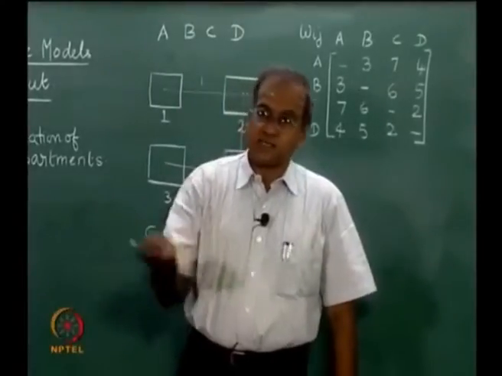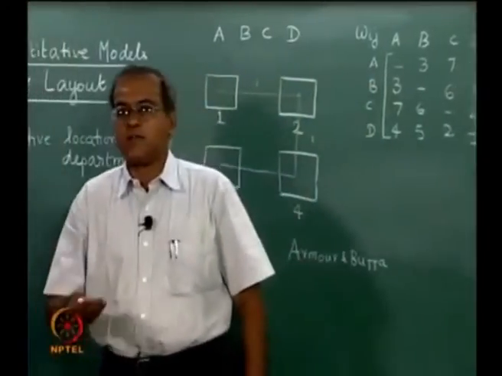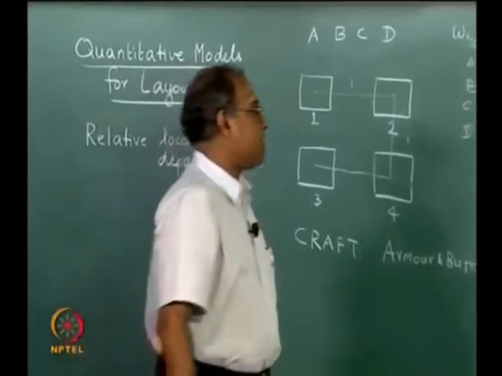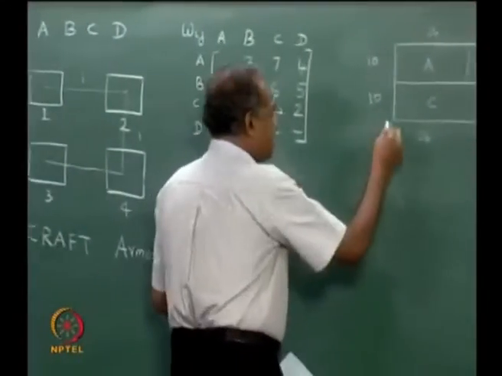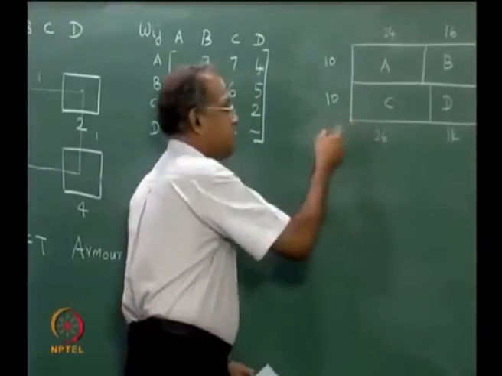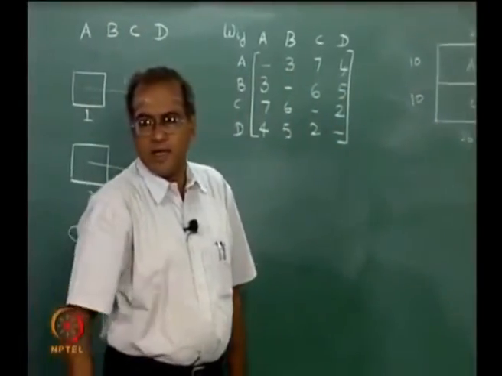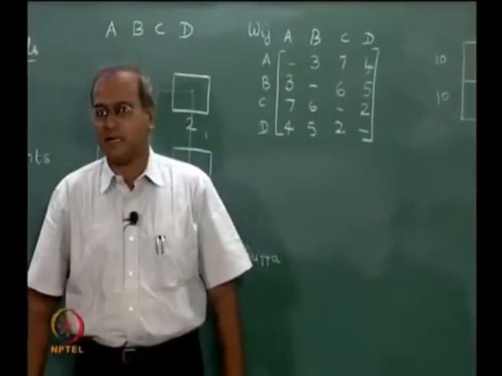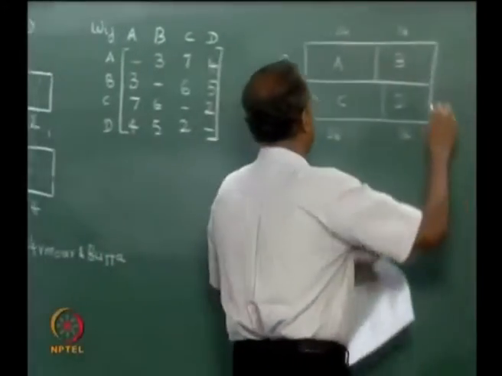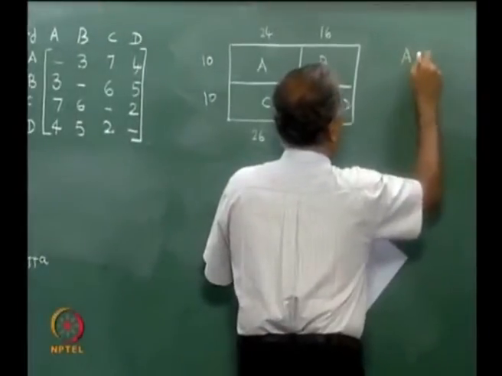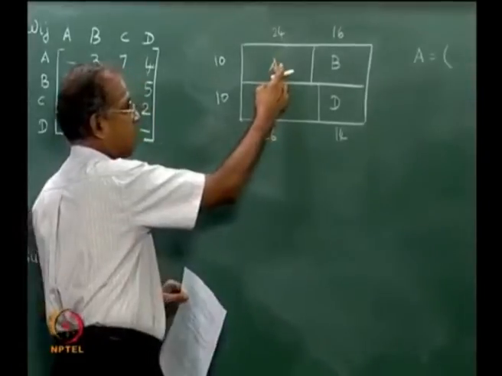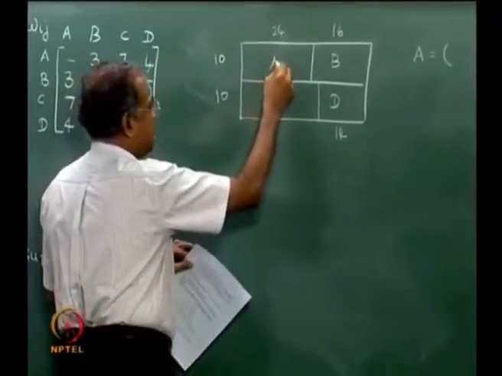Now, we want to see whether this is the best layout or can we have other layouts better than this. So, to begin with, the first thing we do is we keep this point as some kind of a reference point or origin, and then we try to find out the centroids of A, B, C and D. So, centroid for A will now become 12, 15 because this is the midpoint.